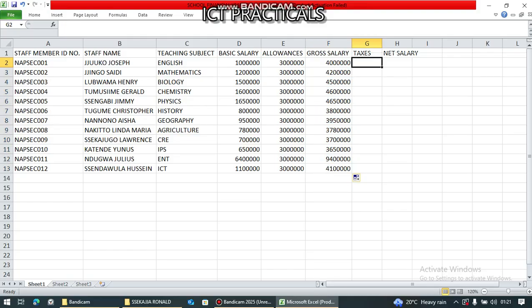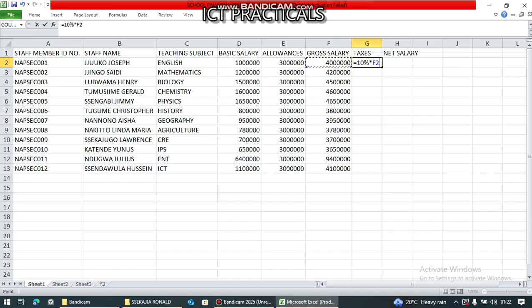Then taxes. It depends on which percentage or rate of deduction from the gross salary. So if the tax was 10%, you say equals 10%, press shift and 5, then multiplication, press shift and 8, then times the gross salary. That means when computing taxes, you deduct from the gross salary, not from the basic salary.